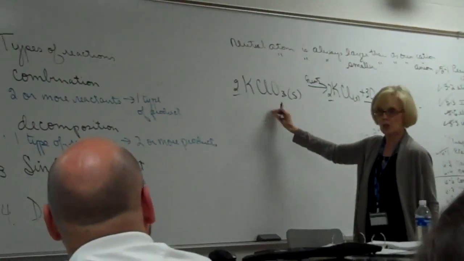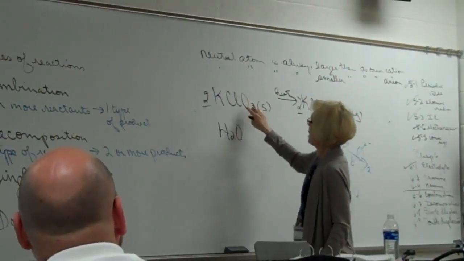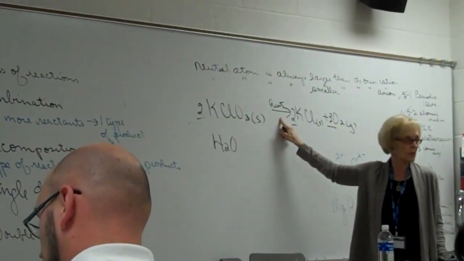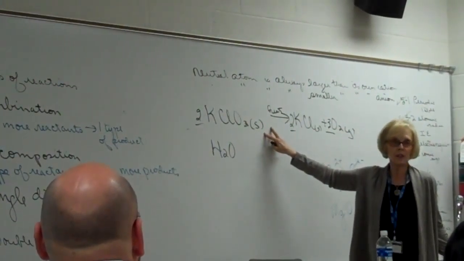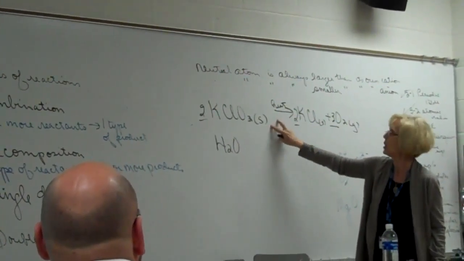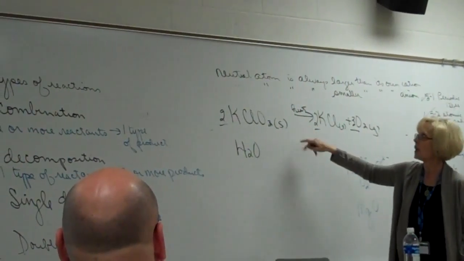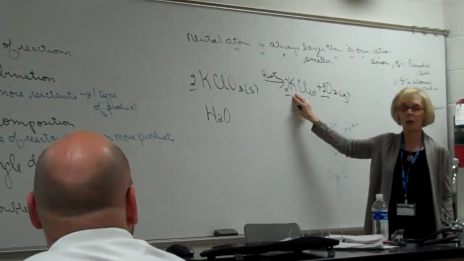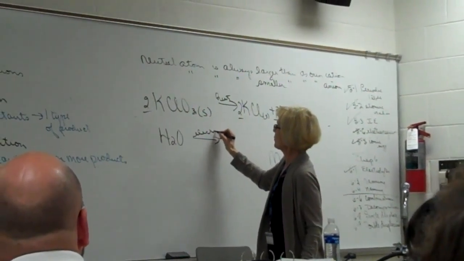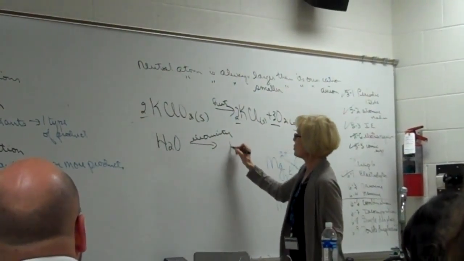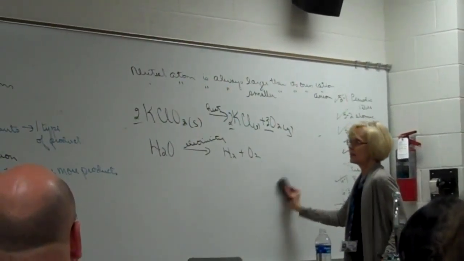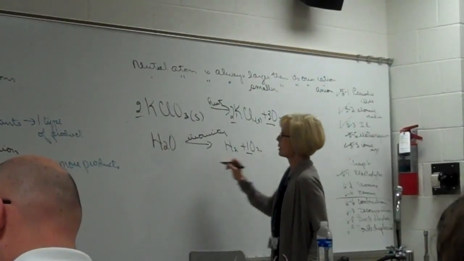Now, some decompositions, when you decompose, you usually have to put energy in, heat energy or electrical energy, sometimes even light energy, because things usually don't just spontaneously decompose. You've got to give them a little push, like heat or some form of energy. So you may get a simpler compound and an element, or if you take water and you zap it with electricity, you can break it down all the way to the elements.